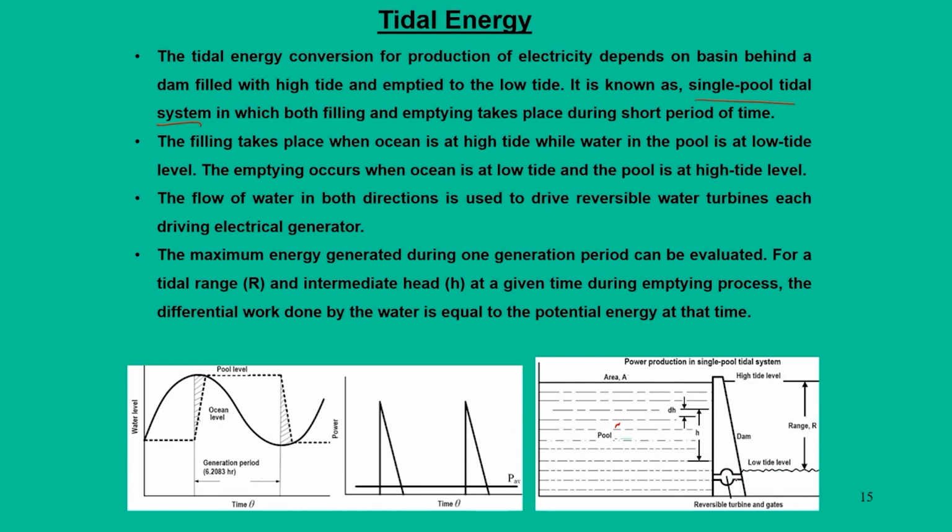During the high tide period, one side will have a high elevation of water, and that can go up to 20 meter height. On the other side, it is low. So, we can operate a reversible turbine which can operate in either direction, like a water turbine, to produce power.